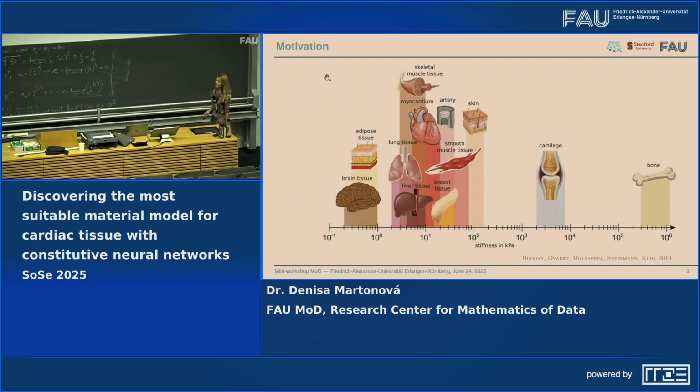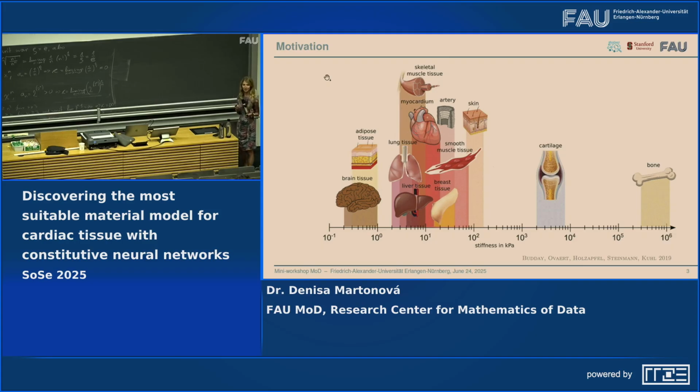Let's have a look at this overview. You can see different biological tissues you can find in your body, ordered by stiffness. In general, the stiffest tissues are the easiest to model, whereas the softest tissues are quite hard to model, and it's very hard to find the proper material model.